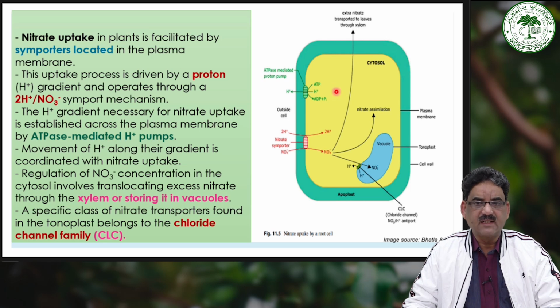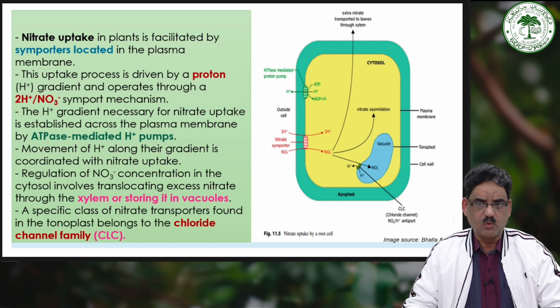As illustrated in the figure, the uptake of nitrate is facilitated by symporters located in the plasma membrane operating in conjunction with the proton gradient. This process functions through a 2 hydrogen ion/nitrate symport mechanism.